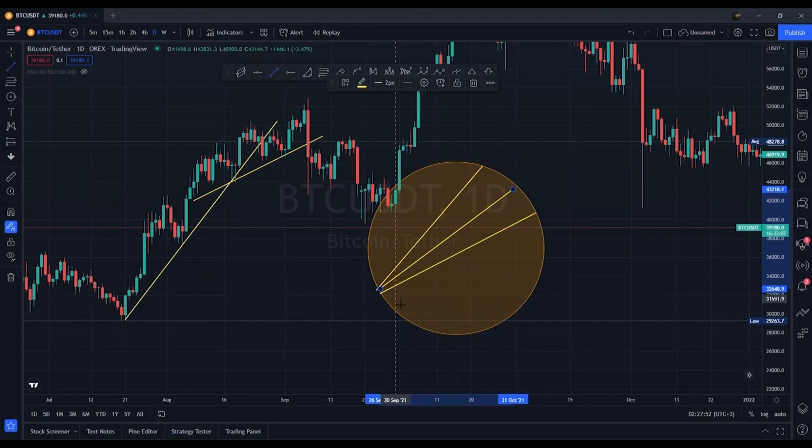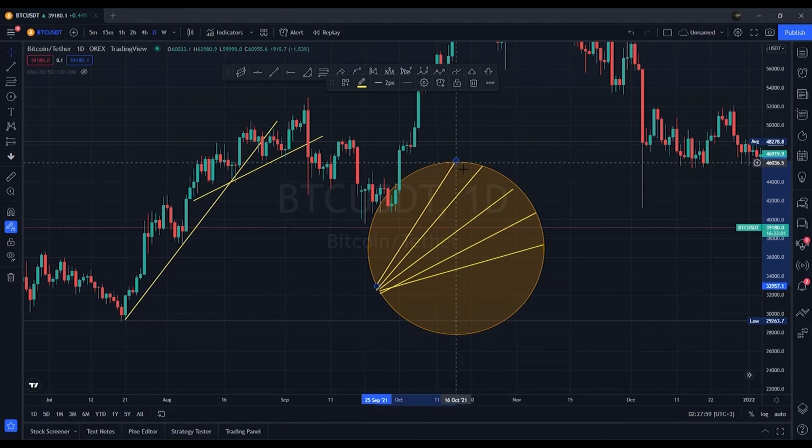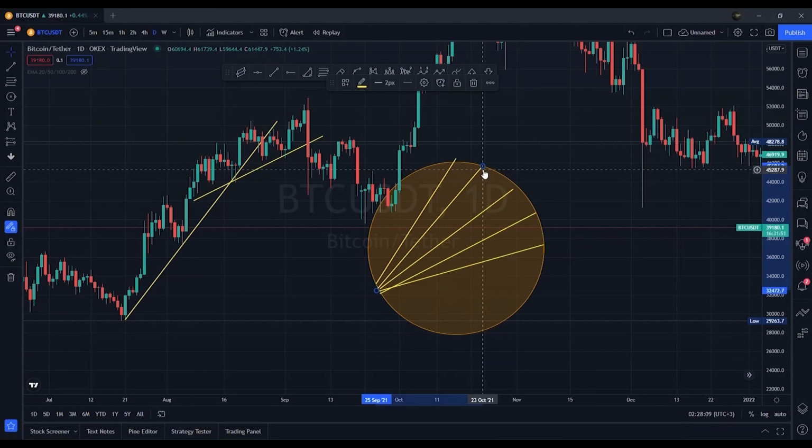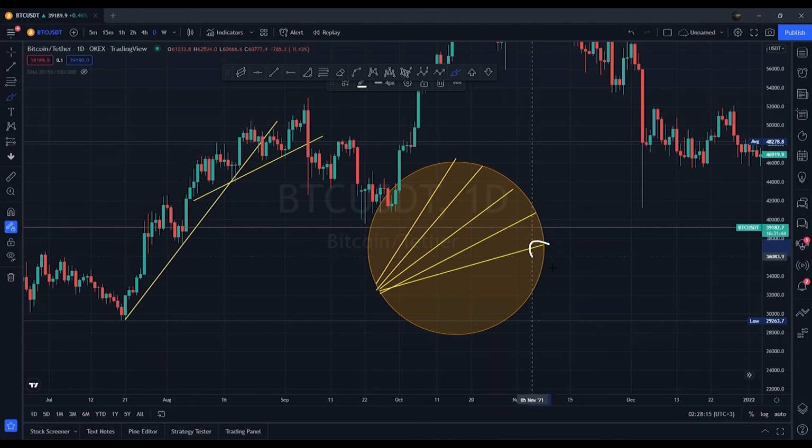This one, the steepest of them, is the strongest, and this one is stronger than the one before. This is strong, this is stronger, this is stronger, this is stronger.